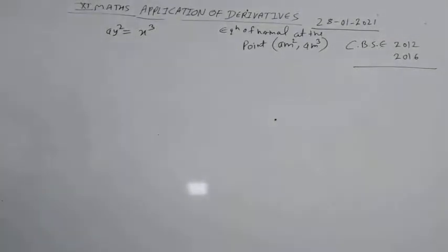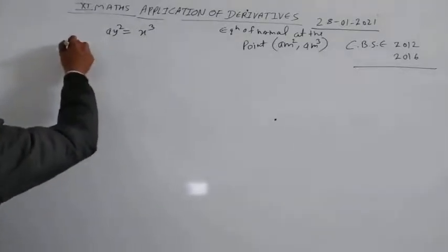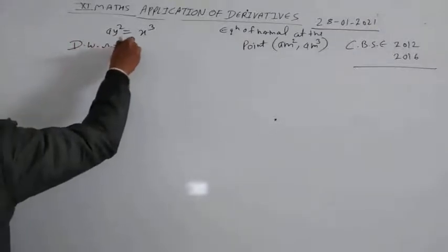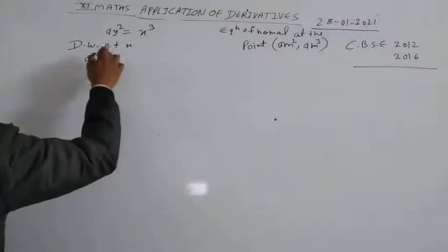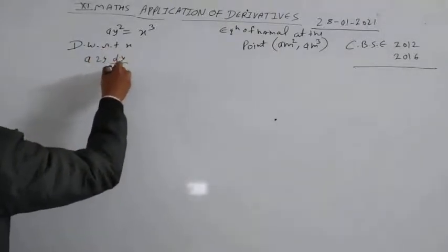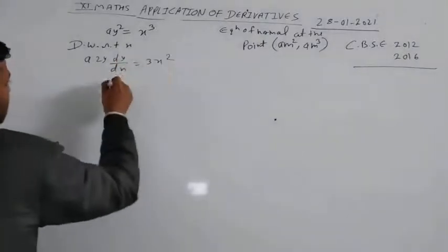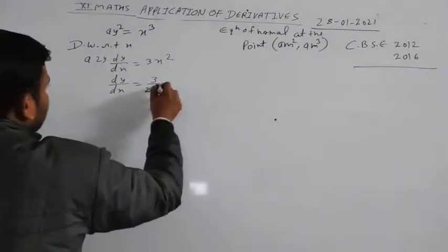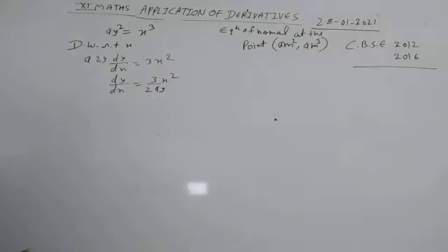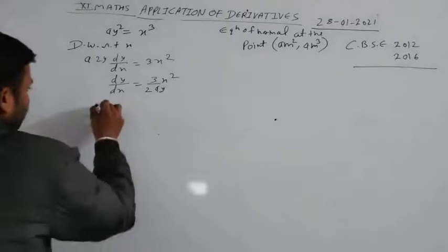So first we find, differentiating with respect to x, we get a into 2y dy/dx = 3x². So dy/dx, student, is equal to 3x²/2ay. Okay, student. So dy/dx = 3x² by 2ay.